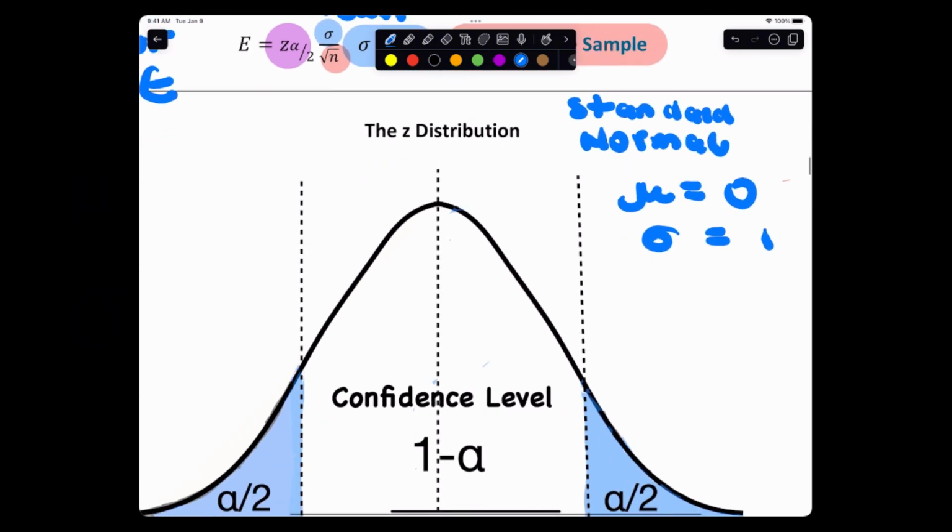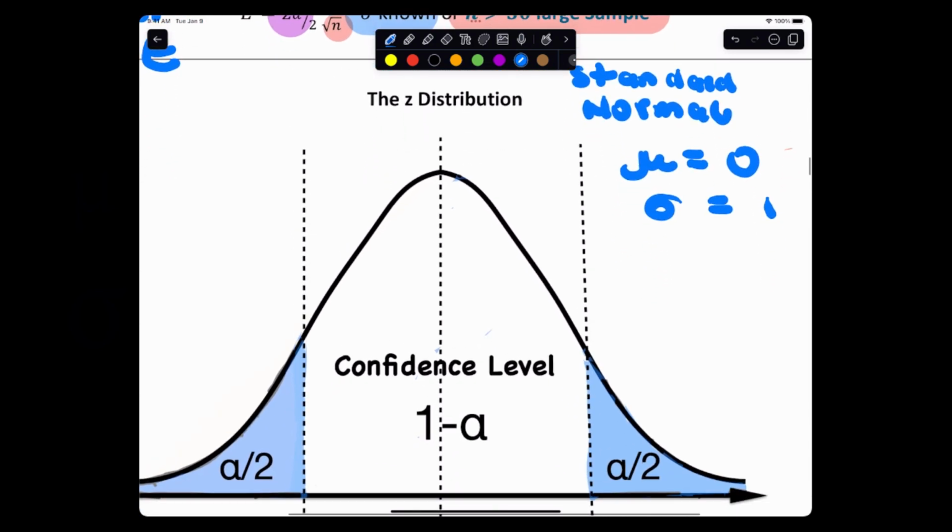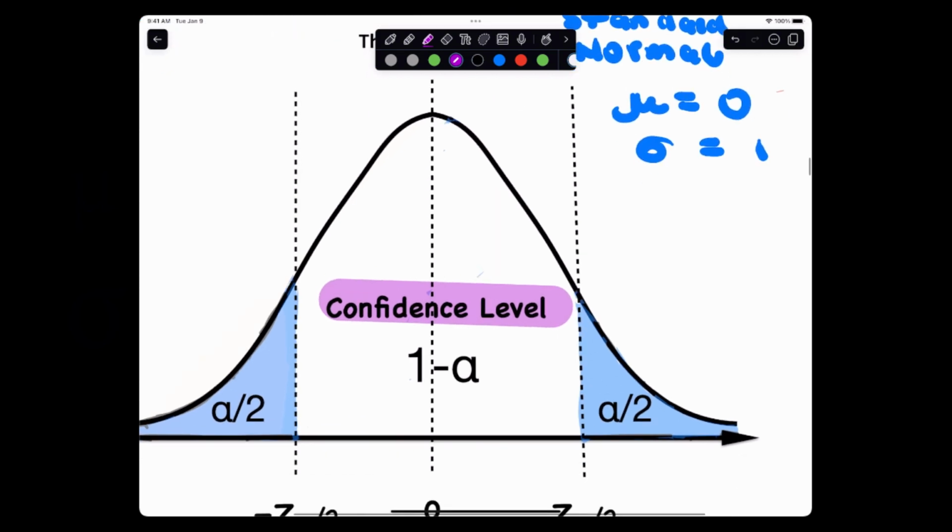And every one of these interval estimates will have what's known as a confidence level. And we're either going to have what's called the 90% confidence level, the 95% confidence level, or the 99% confidence level.